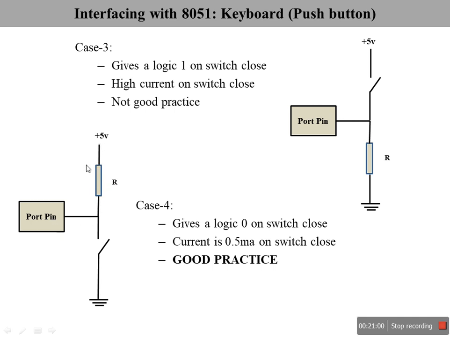Since the power supply is connected through this resistor, a heavy amount of current will not flow. And since the pin is not directly connected to the ground, there will be no internal pulling either. So this is a good configuration, hence I will be using it for further interfacing.